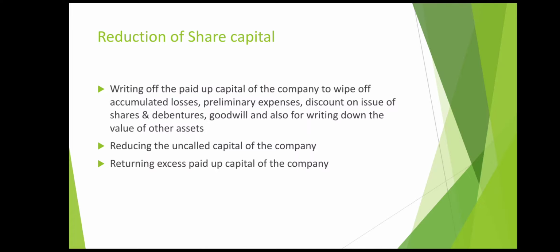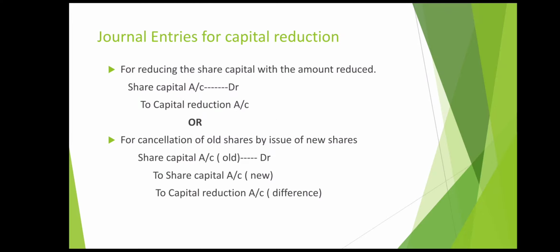Now let us see what journal entries are to be passed for reducing the share capital of the company. First entry is for reducing the share capital with the amount reduced. Now as I explained, a certain amount of share capital is foregone by the shareholders for the benefit of the company.